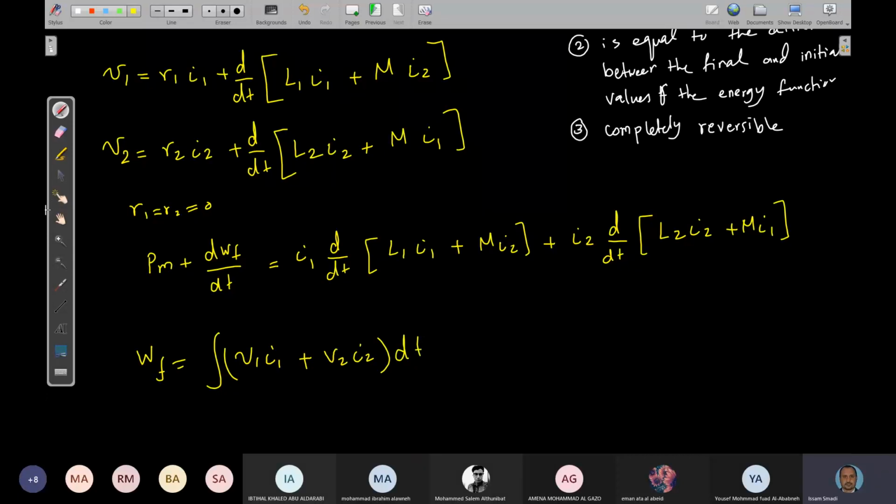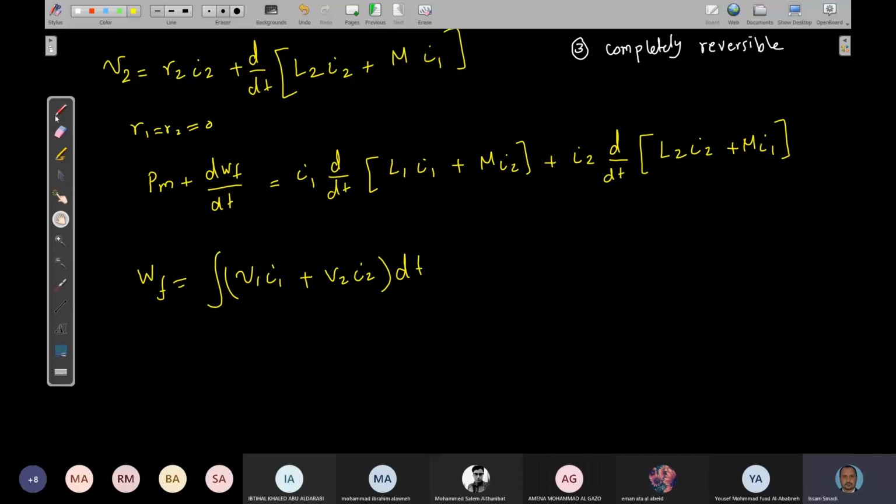And because we assume that the energy is independent of how I1 and I2 are reaching their final state, I can do the integration using two stages.